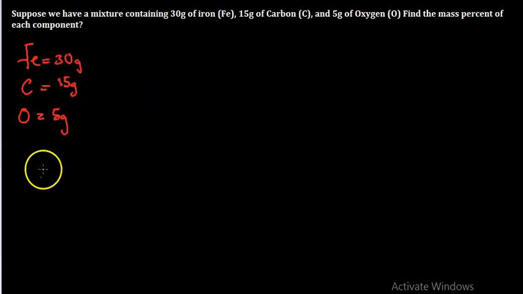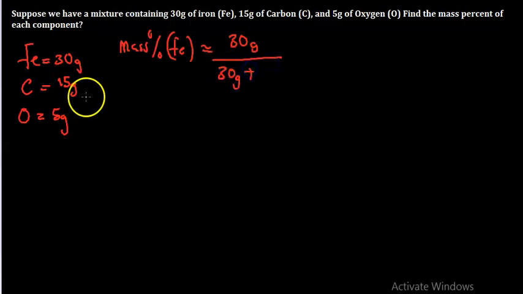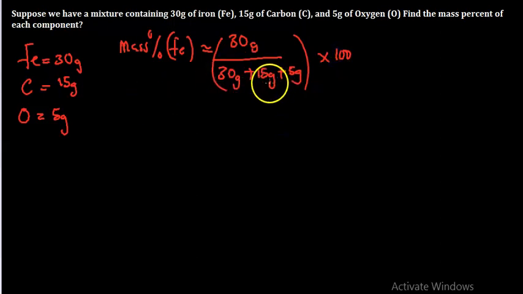Let's start with the first one, which is iron. So let's say the mass percent of iron. Iron is 30. This is simply going to be 30 grams divided by 30 grams plus 15 grams plus 5 grams, multiplied by 100. In this case, 30 plus 15 is simply going to be 45. 45 plus 5 is simply going to be 50.